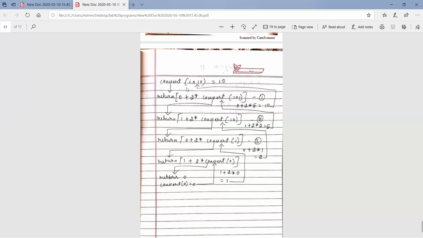So that is returned back to convert 1010, and that means the 1010 decimal equivalent is 10. In this way the convert function calls itself in order to find out the decimal equivalent of the given binary number. Let's see the program.